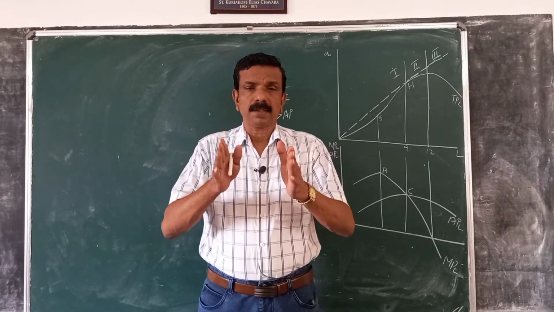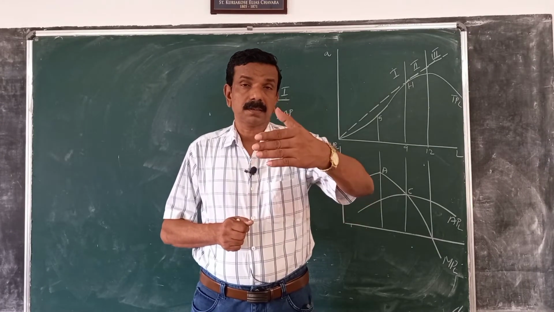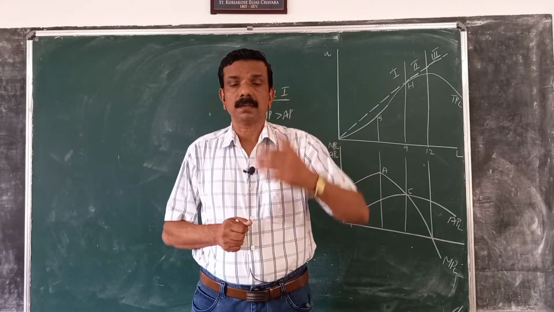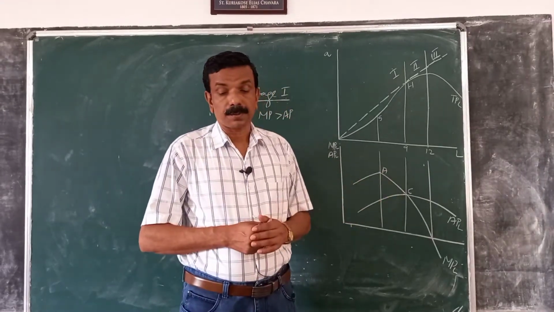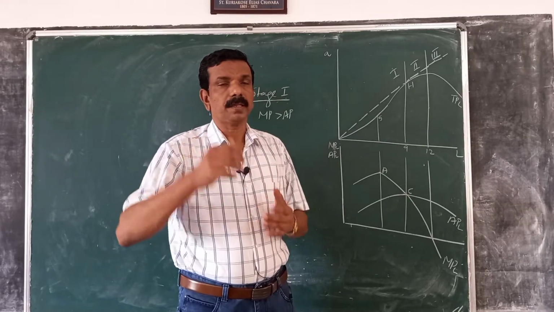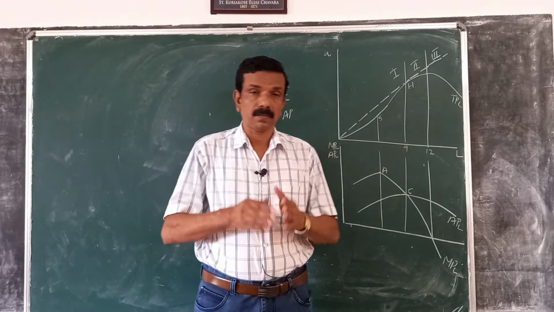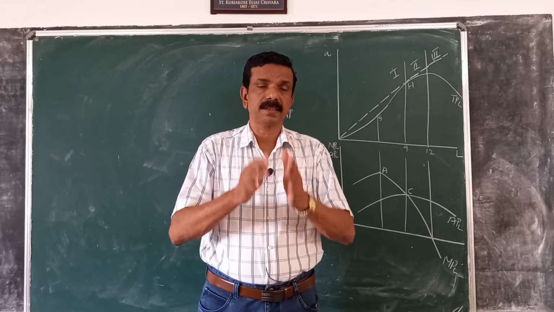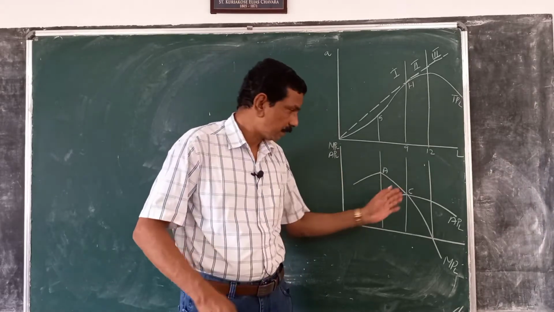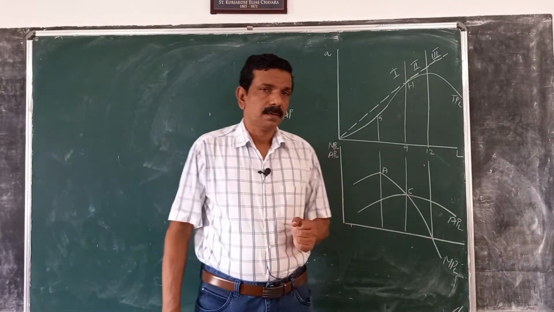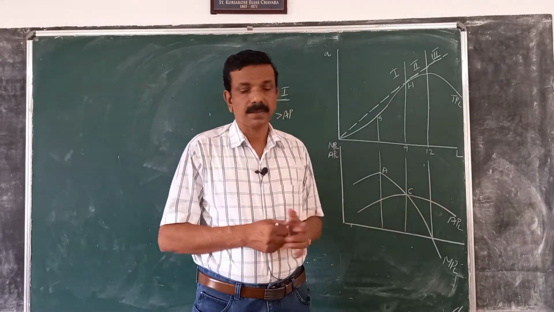Now, in the area of rising AP, fixed inputs are present in uneconomically large proportion relative to variable inputs. Or we can say that variable input is limited relative to fixed input.